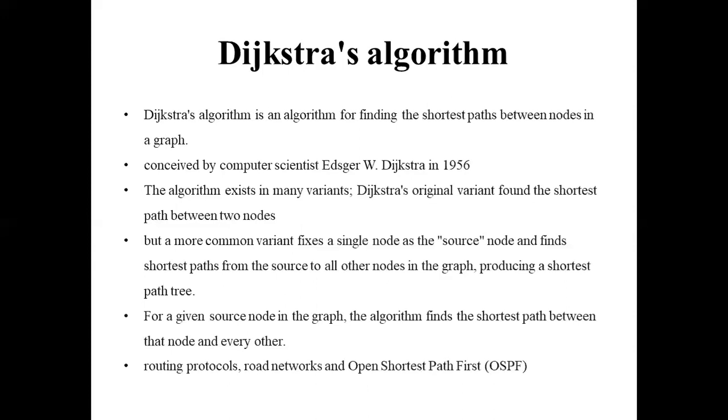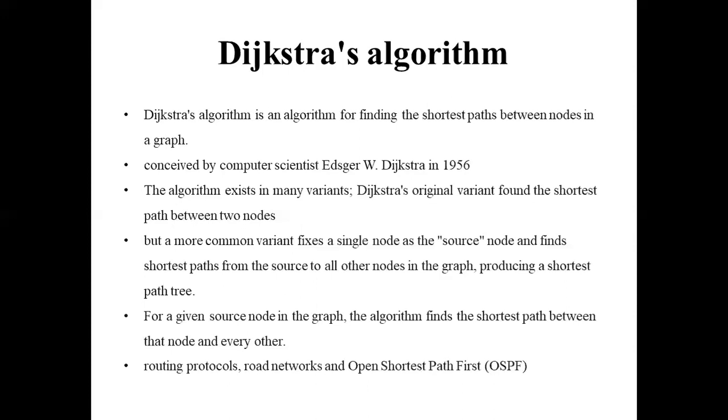There are multiple variations of Dijkstra's algorithm, but the main variation remains that we start from the first node, maybe a node A or maybe a node 1, and we start finding the shortest path to every other node from node A or from node 1.